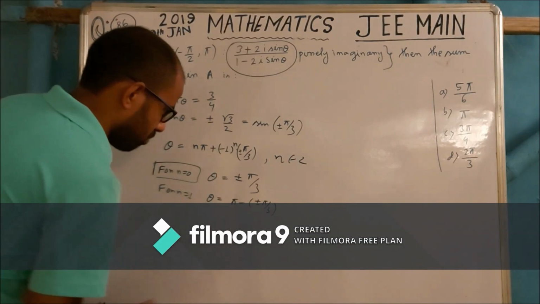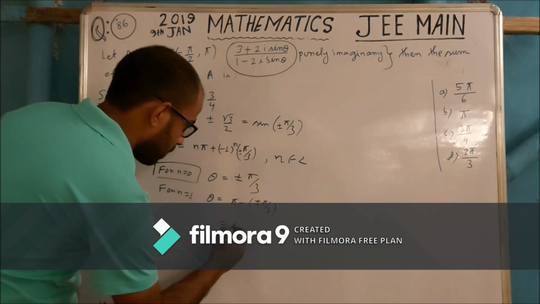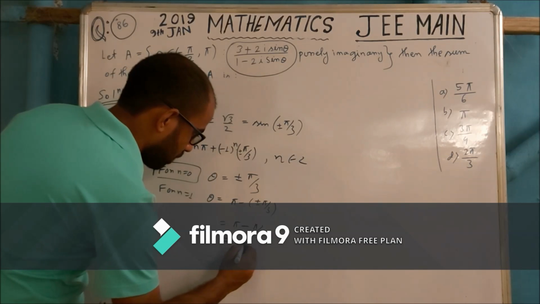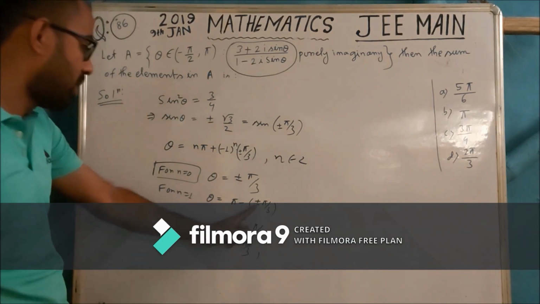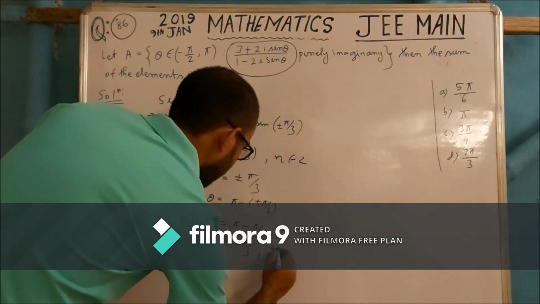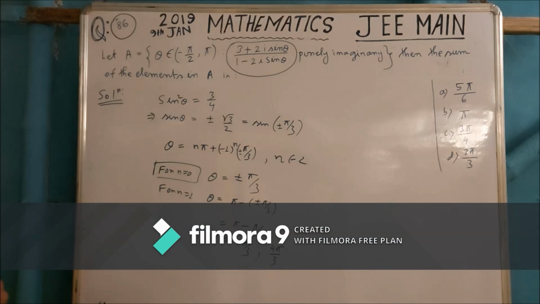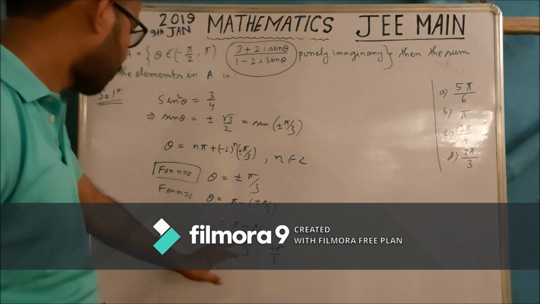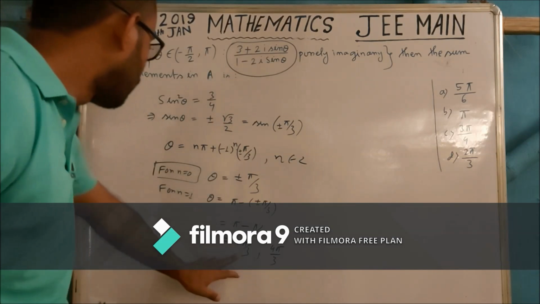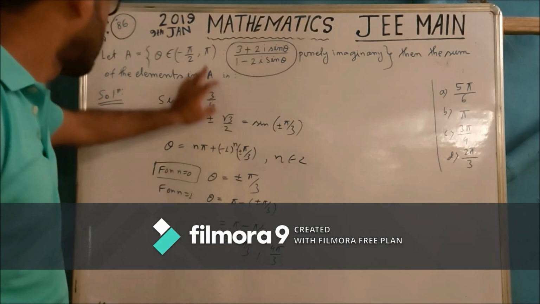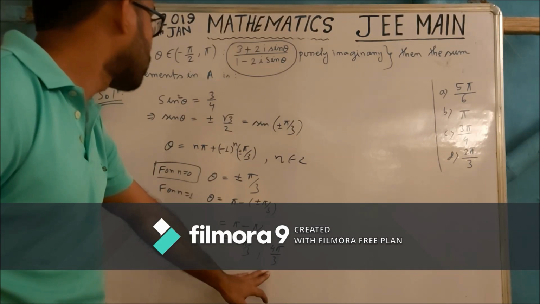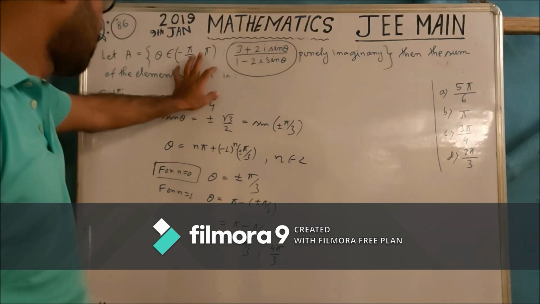If we choose positive sign, we get theta equal to pi plus minus pi by 3, that is 2 pi by 3, and if we choose minus, we get the value 4 pi by 3. We see that plus minus pi by 3 belongs to the interval. 2 pi by 3 is also in the interval. 4 pi by 3 does not belong to this interval.